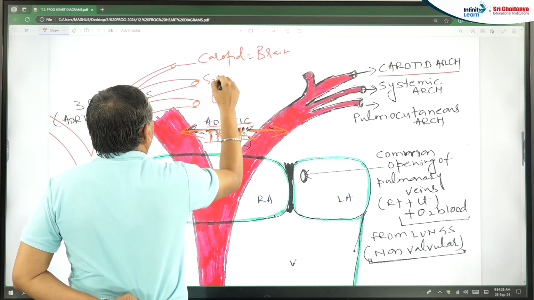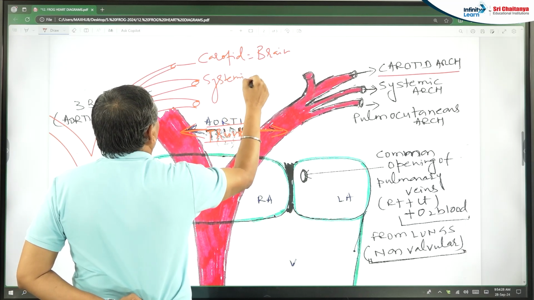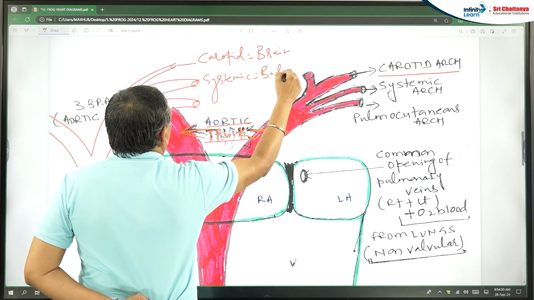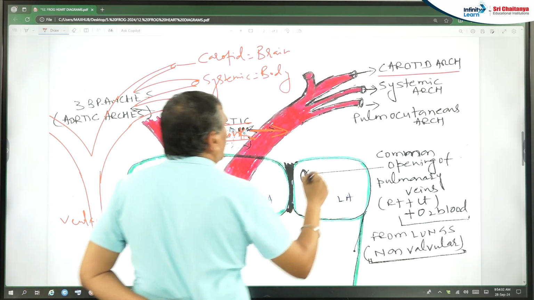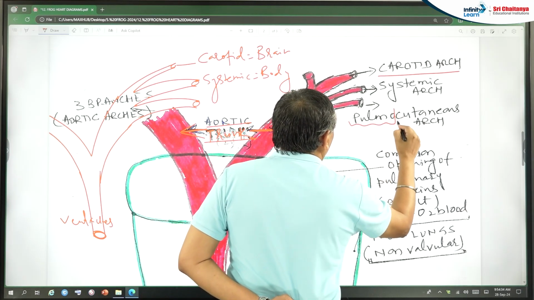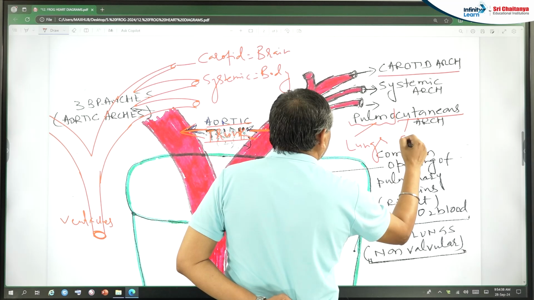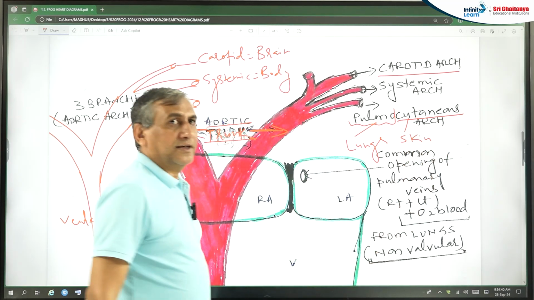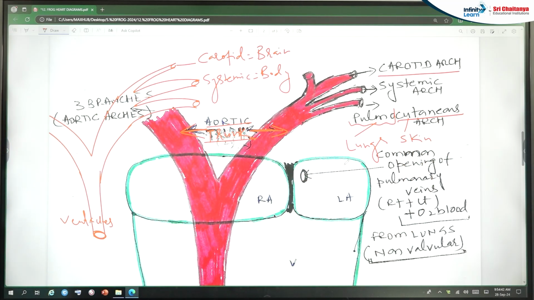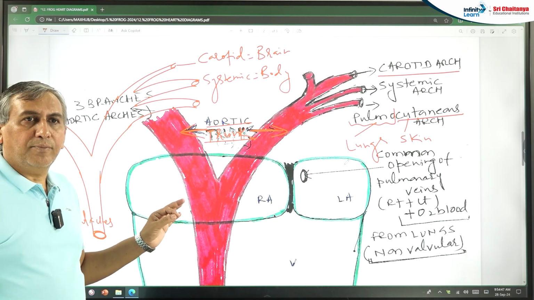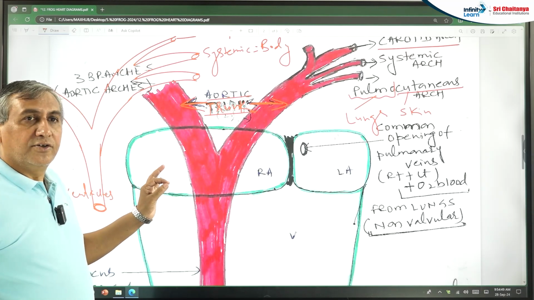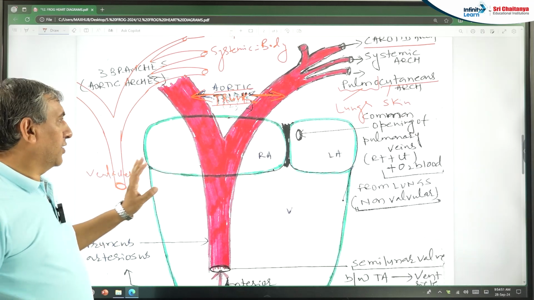Second one is the systemic, that is going to the body parts. And third one that is very important, pulmocutaneous. Pulmo means lungs, cutaneous means skin. It is related with the lungs and skin, so it is known as the pulmocutaneous. So this is one very important structure that you have to remember, the conus arteriosus.